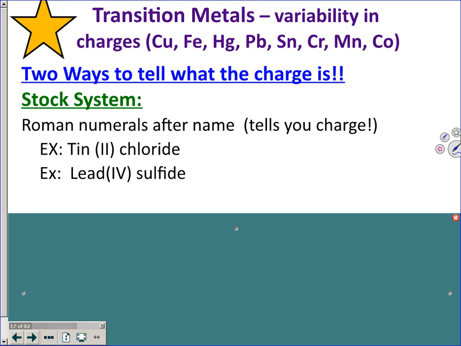It's called the Stock system because in the stockroom, where you buy stock chemicals, this is how it's denoted. So the Roman numeral will tell you the charge of the transition metal, and it's always right after the name of that transition metal. So it's no question, that's the charge of that metal.